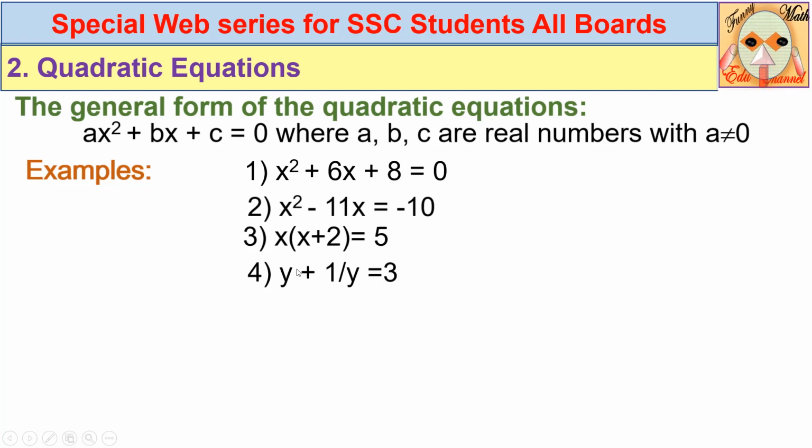Let me tell you what will happen after multiplication by y. First you get y square plus 1 equals 3y, and that will be the quadratic equation. So this is an example of a quadratic equation.